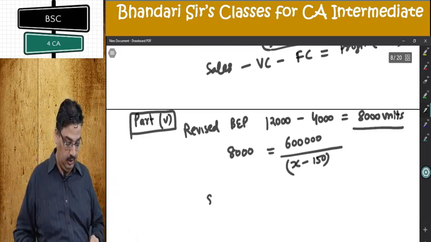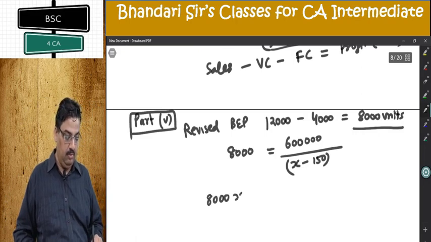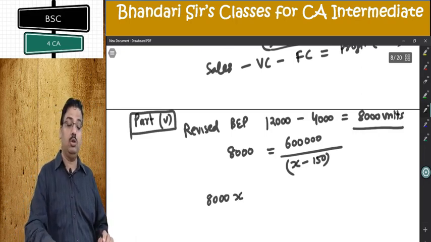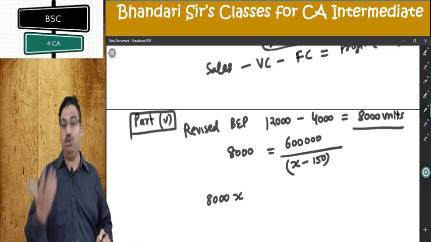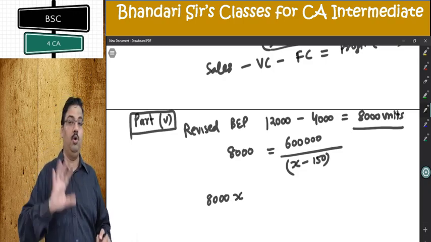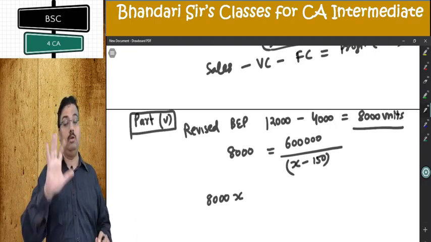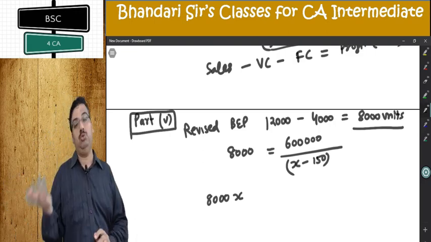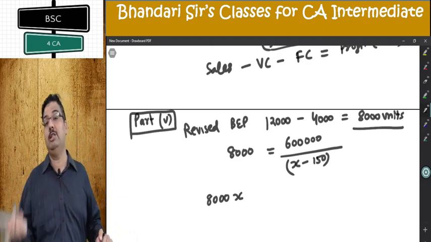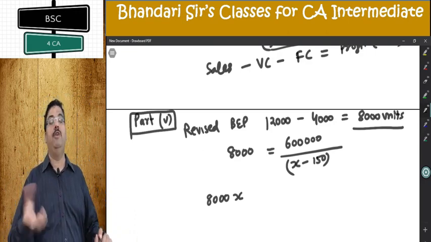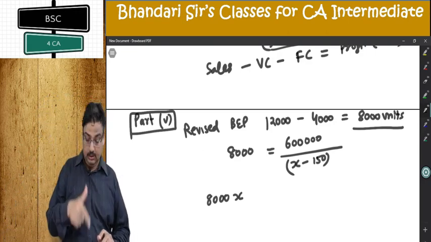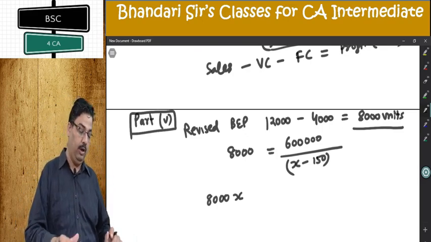So make sure there is a difference. Sometimes authors mix it up. Some books do it wrongly. Sometimes even your institute module does it wrongly. Don't go by the wrong one. Reduced to, reduced by. Lots of difference in that. Earlier was 12,000, reduced by 4,000, revised will be 8,000. If it said reduced to 4,000, then revised break-even point will be 4,000.